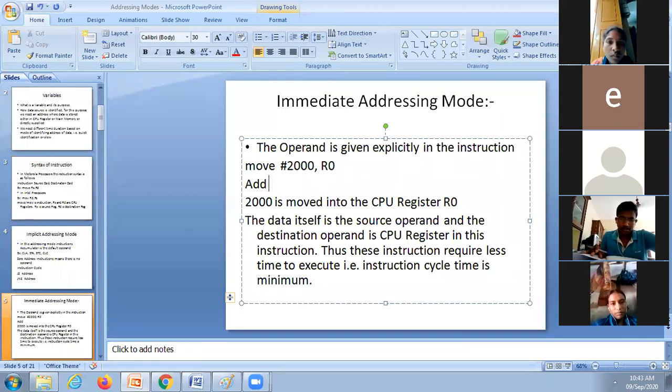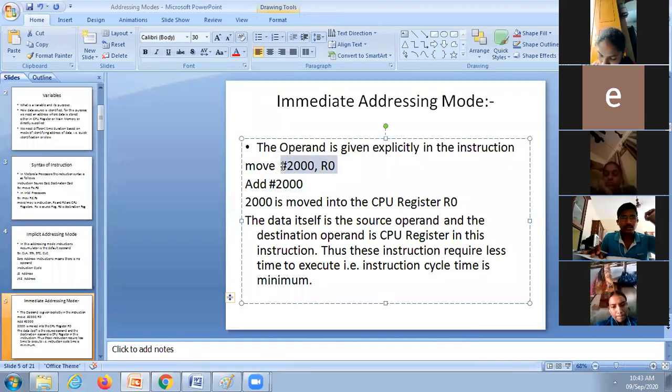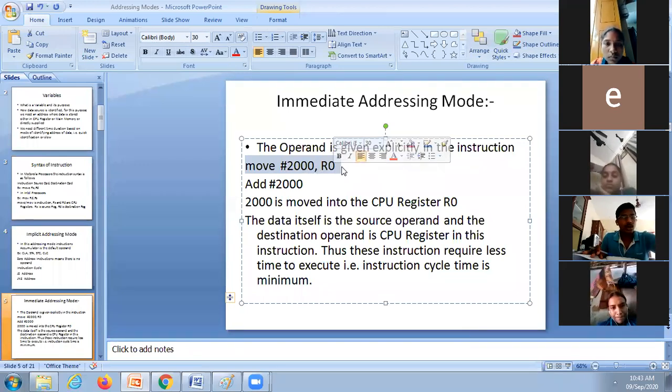Add #2000 means 2000 is added to the accumulator and the result is stored in the accumulator. This is a one address instruction, whereas move #2000, R0 is a two address instruction, because there are two operands.